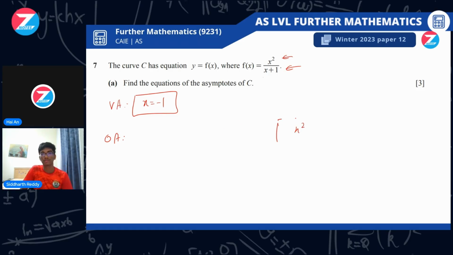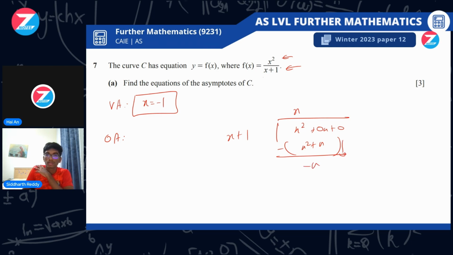So x squared divided by x plus 1, it's going to be x, so just like 0x here. So x squared plus x. So subtracting, we get minus x plus 0. So minus 1, we have minus x minus 1. We get 1 here. So we reach the remainder.